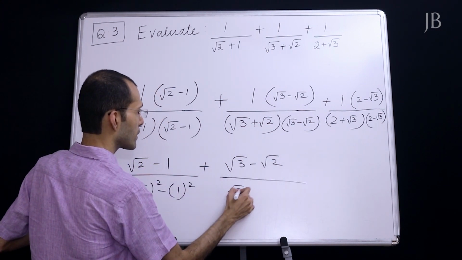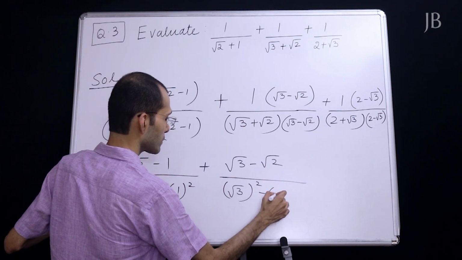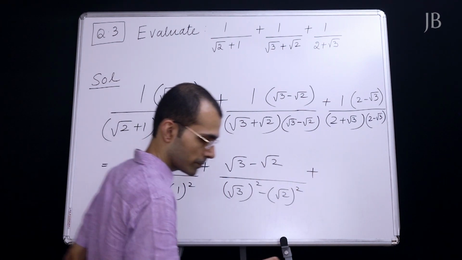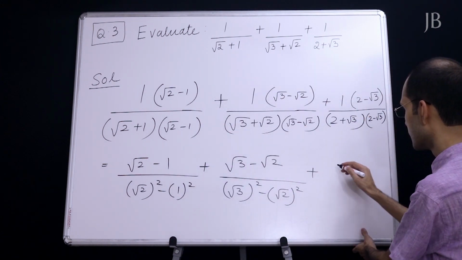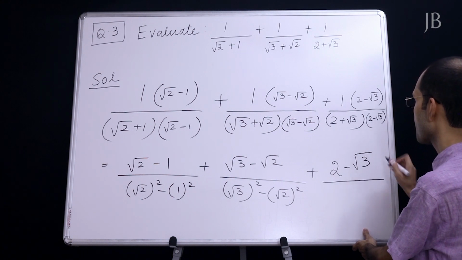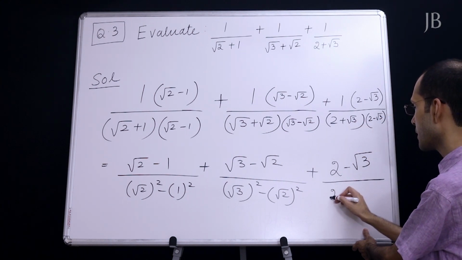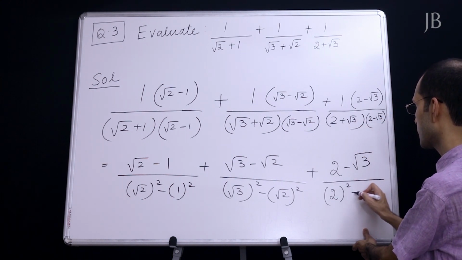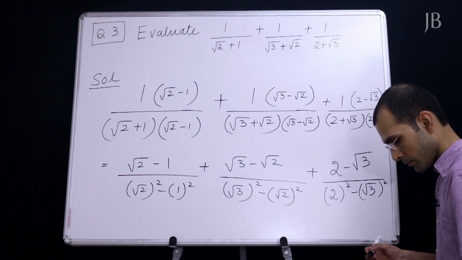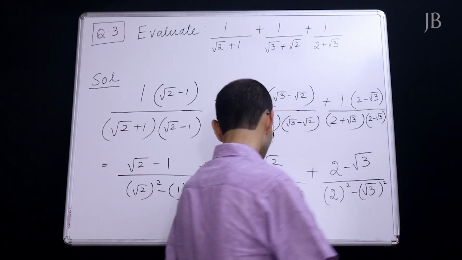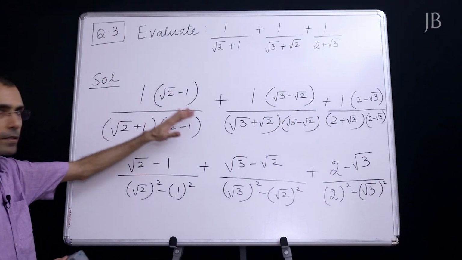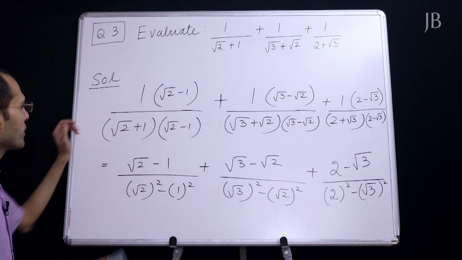This will be root 3 squared. a plus b into a minus b. Okay, now this is fine. We will erase the upper thing.